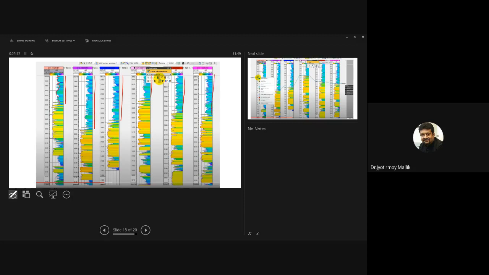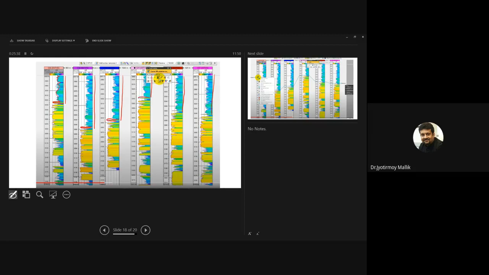Now, before the actual sandstone starts, from looking at the log characteristics, I can see there is a small sand streak. Can I identify that everywhere? Yes, I perhaps can identify that everywhere.